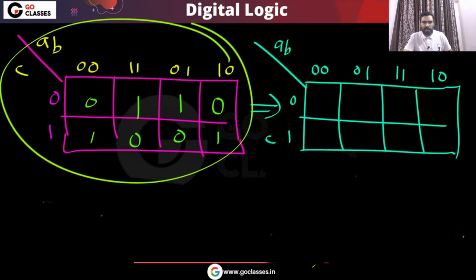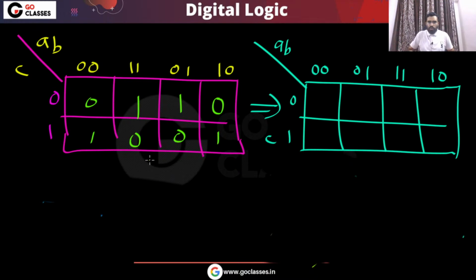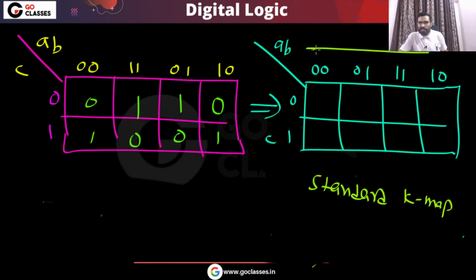This is the given k-map. For this k-map, you find the standard k-map. You convert this into a standard k-map, so your standard k-map is like this: 00, 01, 11, 10. Now you can notice 000, so this will be 0. Next, 001, that is 1, there is no problem.